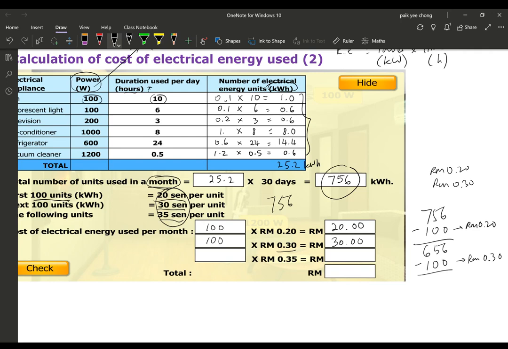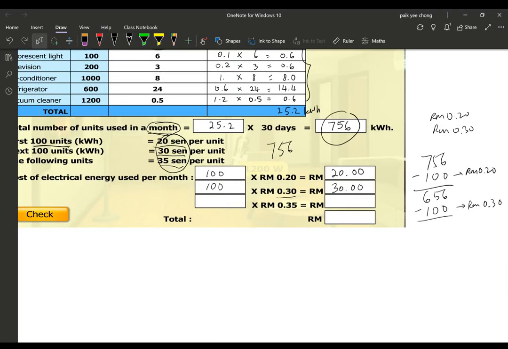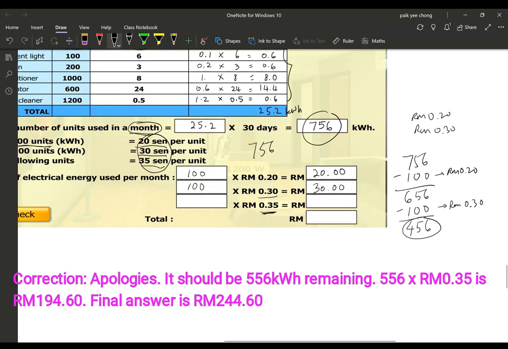You see that it gets more and more expensive for the same amount of kilowatt hour. How much are you left with? You've taken 200 out, so you are left with 456 kilowatt hour not yet counted. For this remaining 456, you cannot use 30 cents, and you also cannot use 20 cents. You are charged at 35 cents for the rest of it.